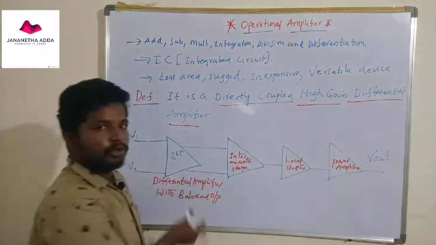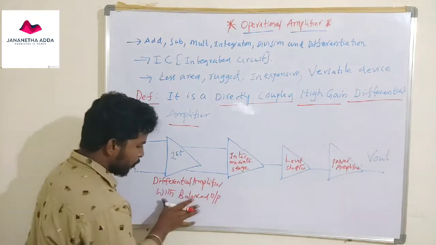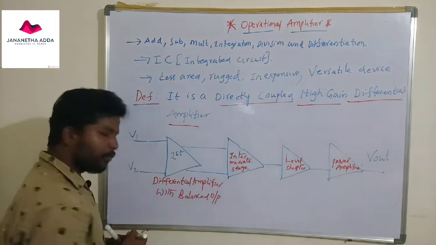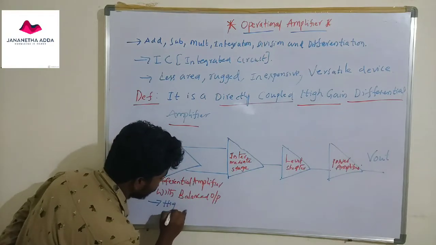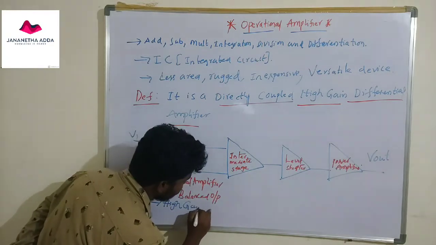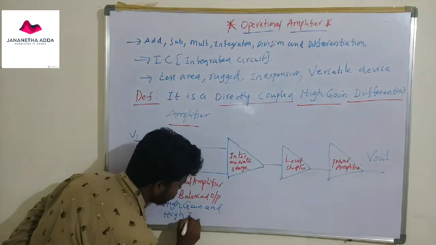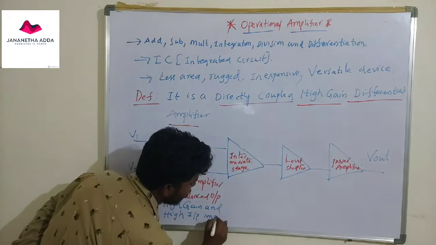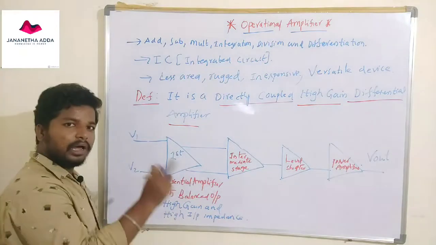We will discuss the differential amplifier in the next video. The importance of this stage is that it provides high gain and high input impedance, which is a property of an amplifier.